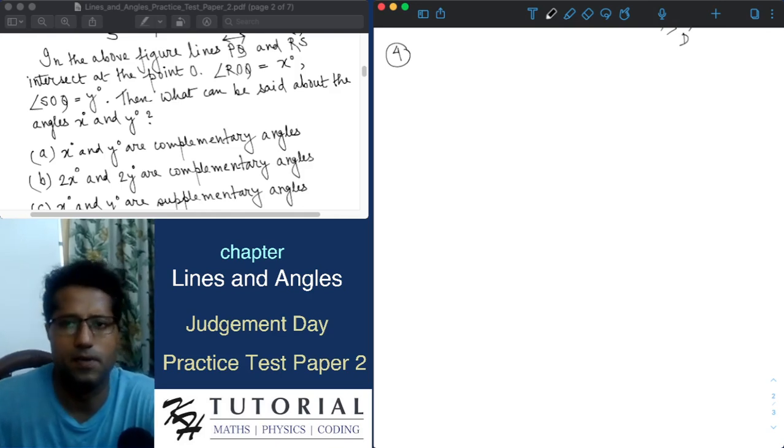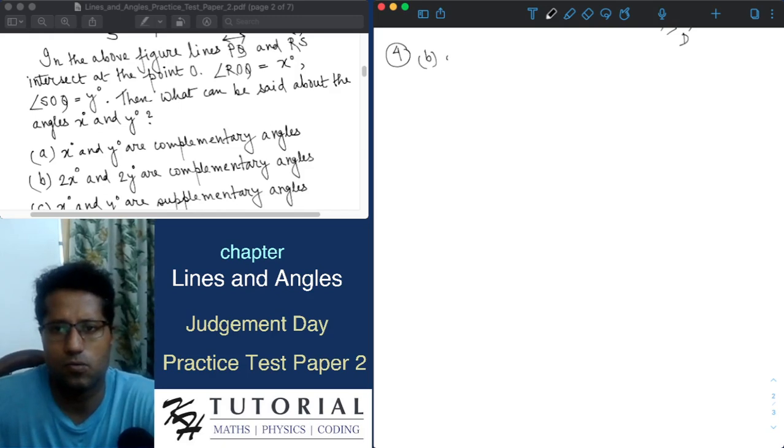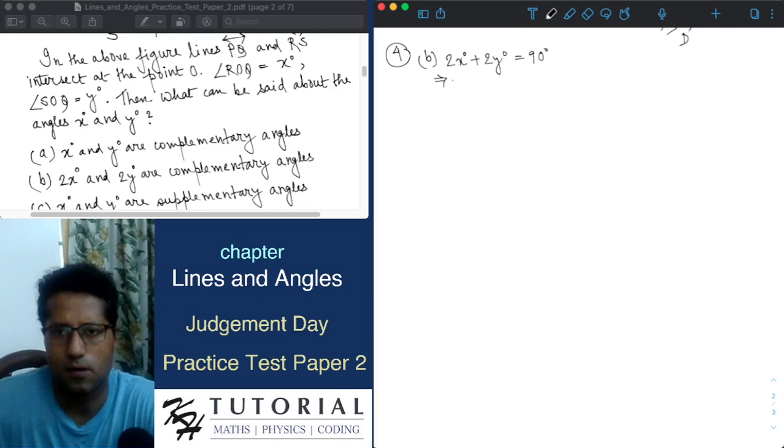Now B is saying that 2x degree plus 2y degree are complementary, that means it should be 90. So this implies 2 times x plus y equals 90.